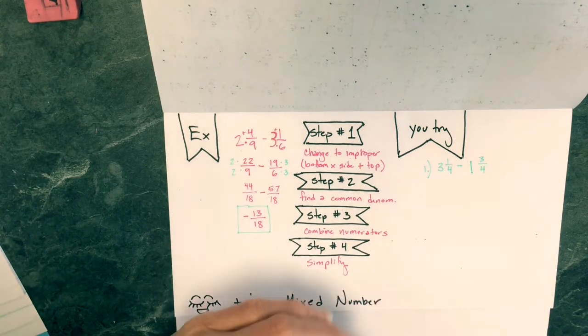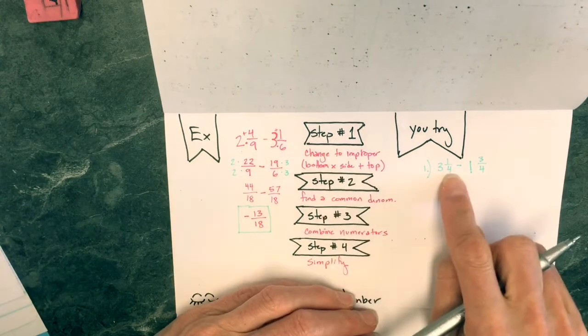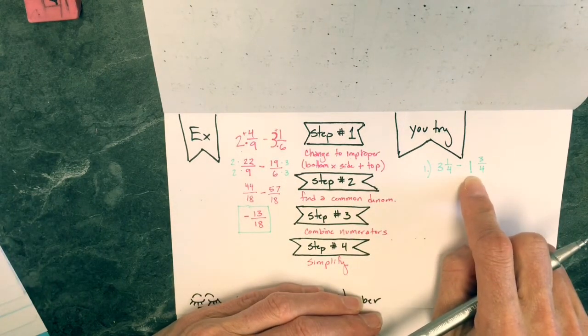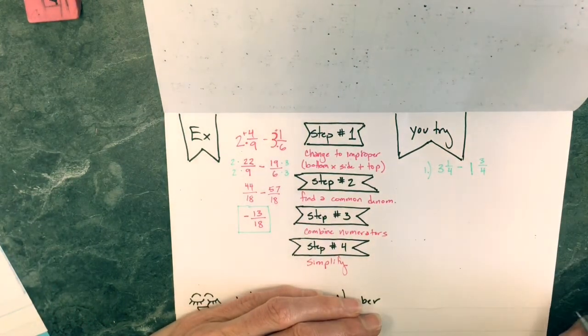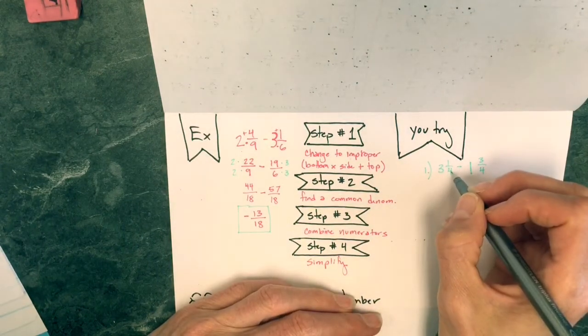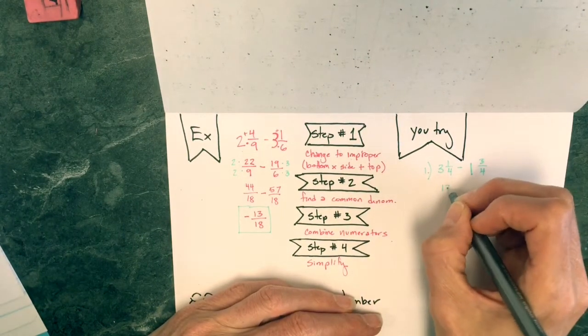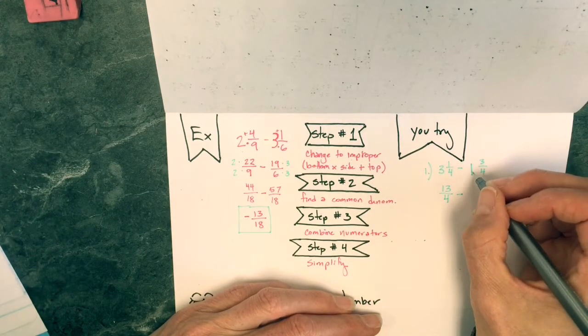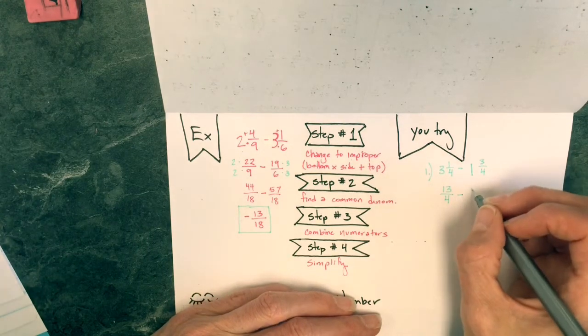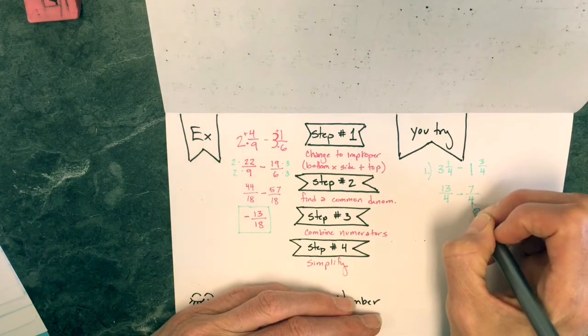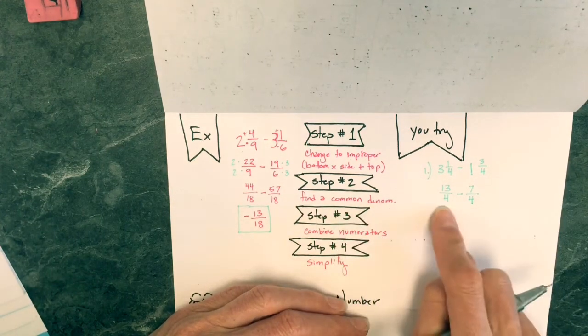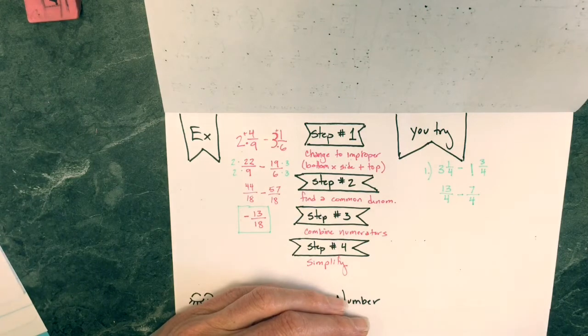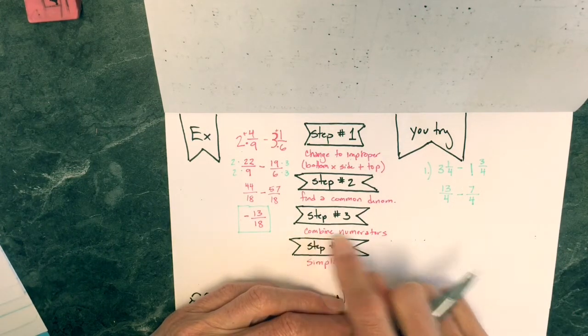All right. So I hope that you changed them both into improper fractions. So that would look like, can you see that okay? That would look like 12 plus 1 is 13 over 4 minus 4 times 1 is 4 plus 3 is 7 over 4. It says find a common denominator. We already have one, so that's lovely. Combine numerators.